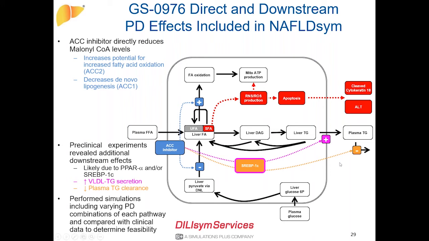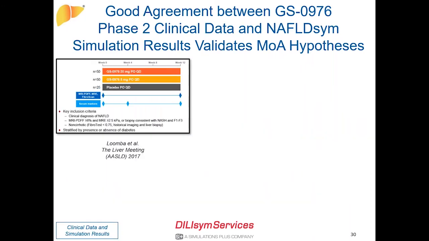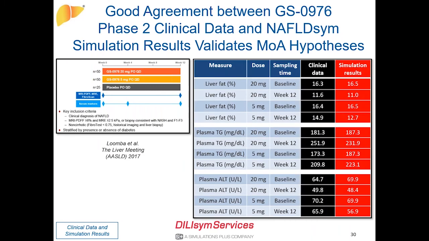So again, we used NAFLDsym to simulate not only the direct pharmacologic actions on de novo lipogenesis and mitochondrial entry, but also these specific changes in VLDL triglyceride secretion and plasma triglyceride clearance to varying degrees and in varying combinations. And again, comparing to all the various clinical studies that we described a moment ago, ultimately simulating that phase 2 trial and comparing against it in a pretty extensive table here.